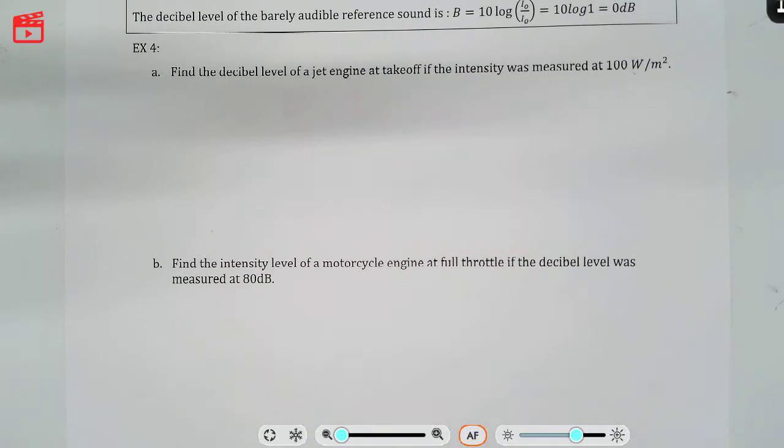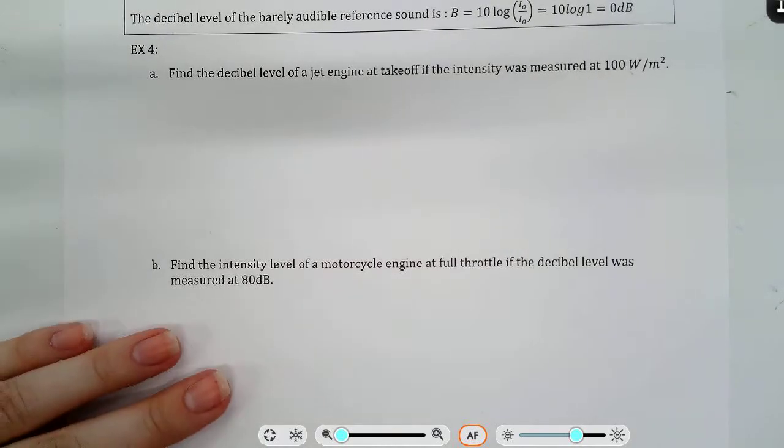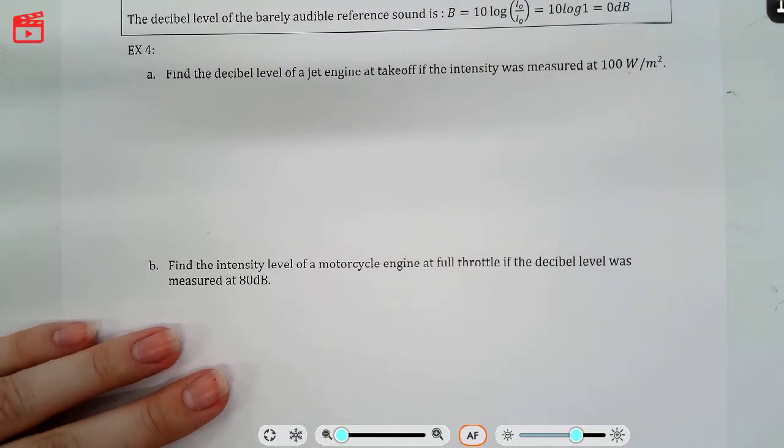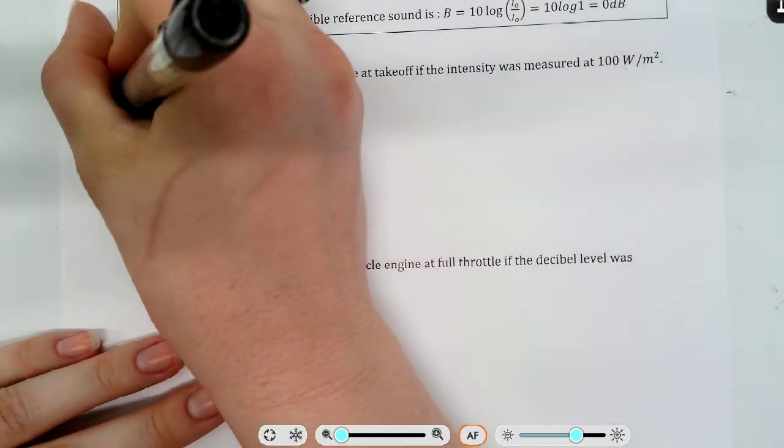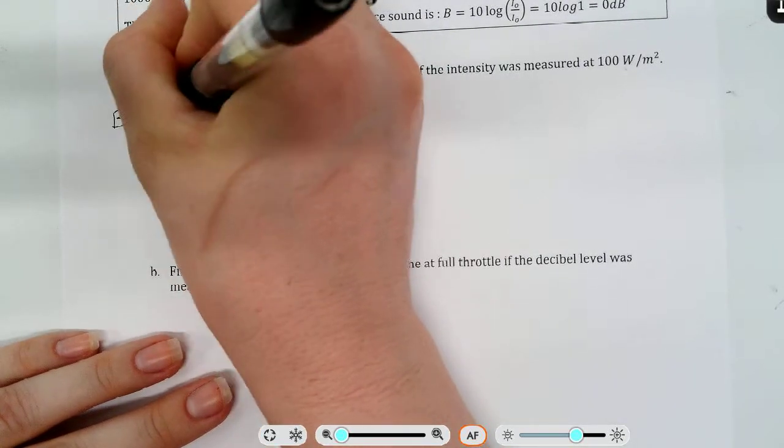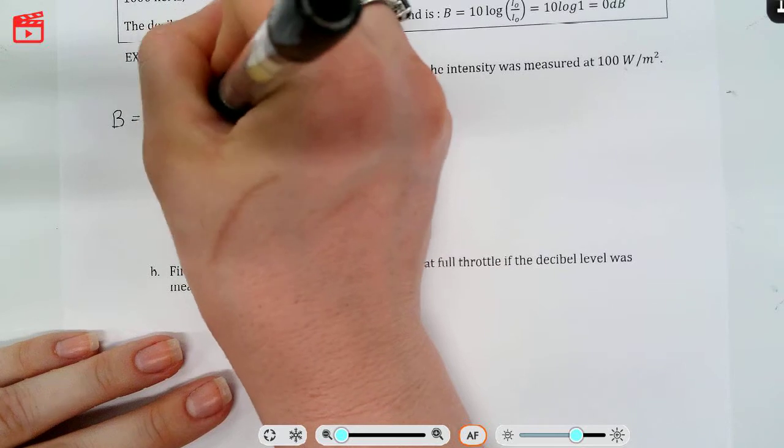Example 4. Find the decibel level of a jet engine at takeoff if the intensity measured was 100 watts per meter squared. Okay, so this time we are given the intensity, and we're trying to find B. So B, by our equation, is 10 log I over I sub 0.